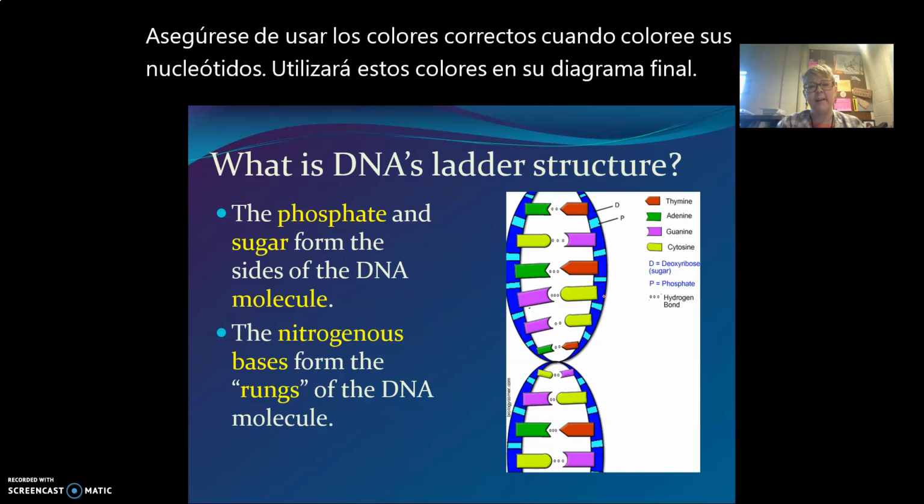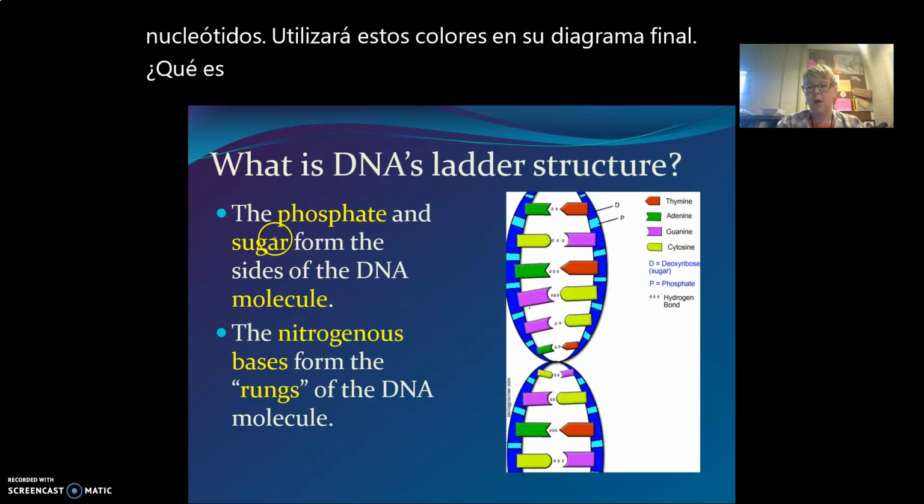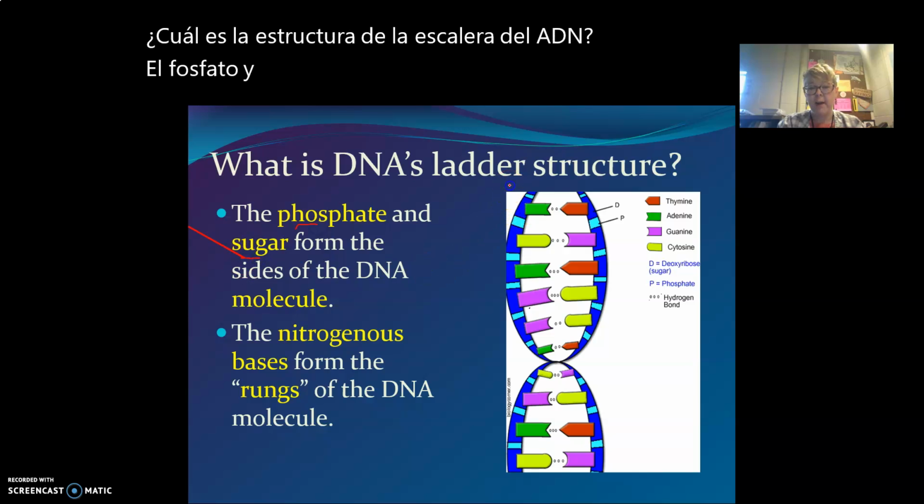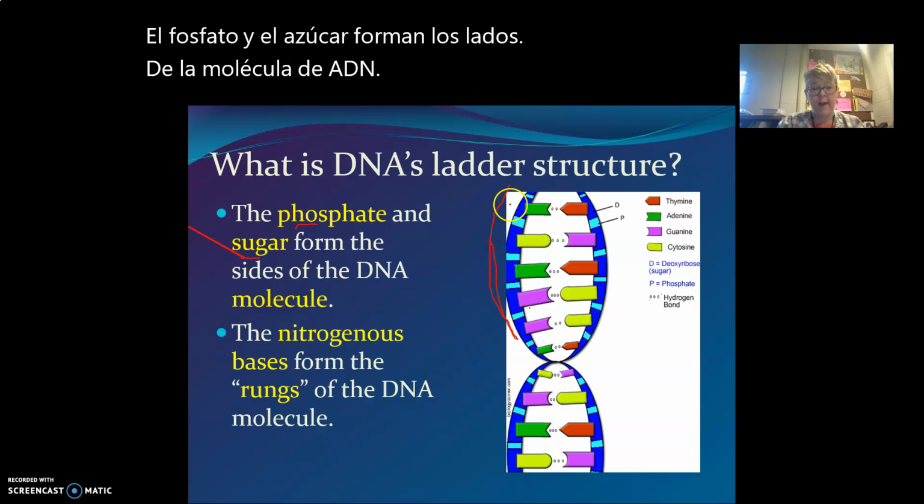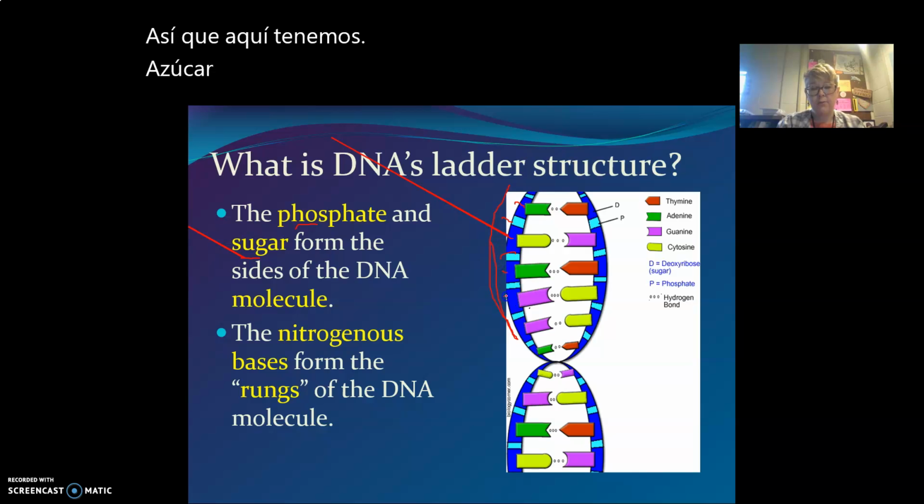What is DNA's ladder structure? The phosphate and sugar form the sides of the DNA molecule. So here we have sugar, phosphate, sugar, phosphate, sugar, phosphate.